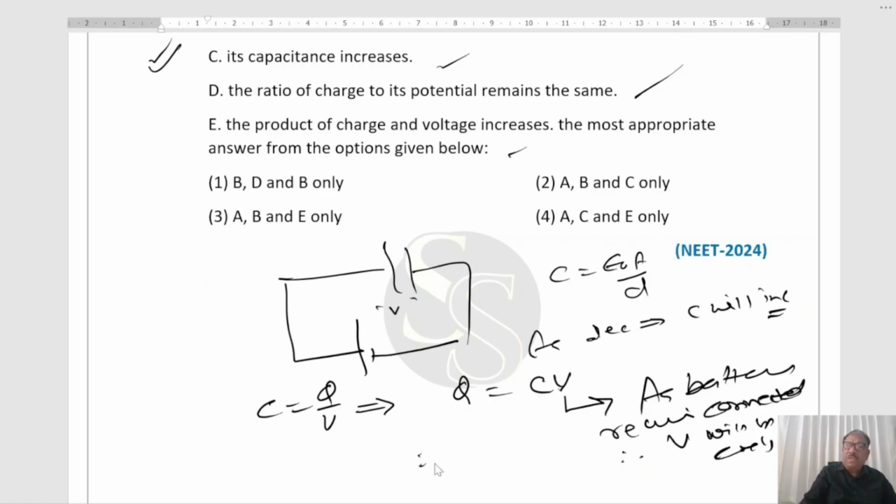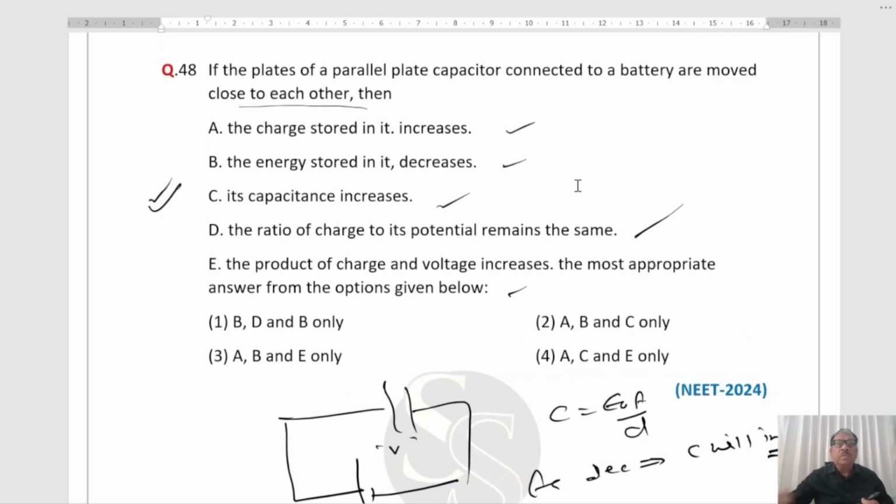Therefore, as C increases, Q increases. Q increases means the charge stored increases. This is also correct answer.